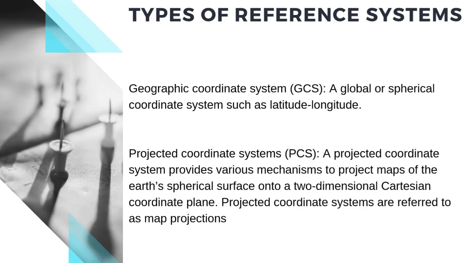We can also have a projected coordinate system, in which the system provides various mechanisms to project maps of the Earth's spherical surface onto a two-dimensional Cartesian coordinate plane. Projected coordinate systems are referred to as map projections. These try to flatten the Earth as much as possible, so the coordinates are not unique, and are based on a certain stripe.